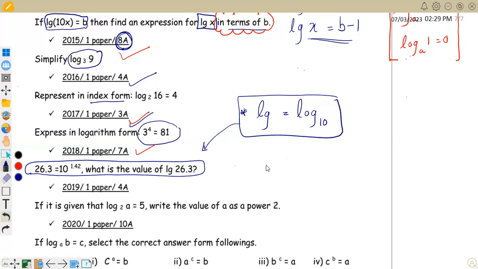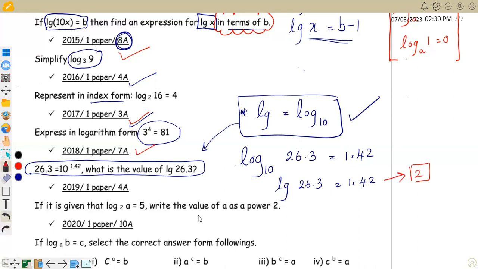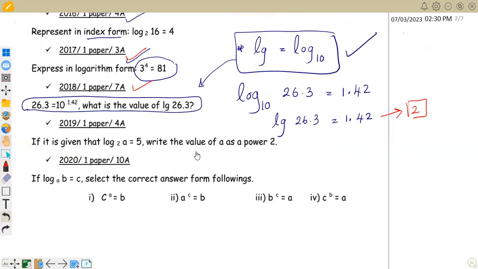When you write logarithm to the base 10 of 26.3, the answer is 1.42. This is the index form and this is the log form. Instead of logarithm to the base 10, we can write LG. Then LG 26.3 equals 1.42. To write the answer, you should know only this one. Then you are given 2 marks. Very simple thing that you should know here.